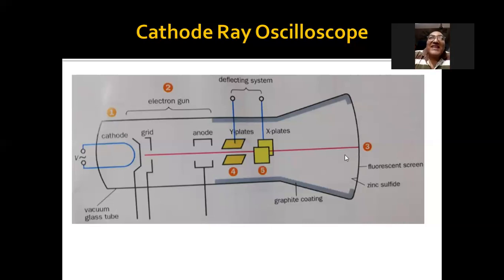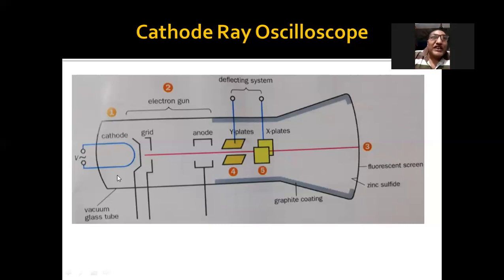So wherever the beam is colliding on the screen, the zinc sulfide there starts glowing. When you look at the screen, that spot is lit up, so you feel that there is light.